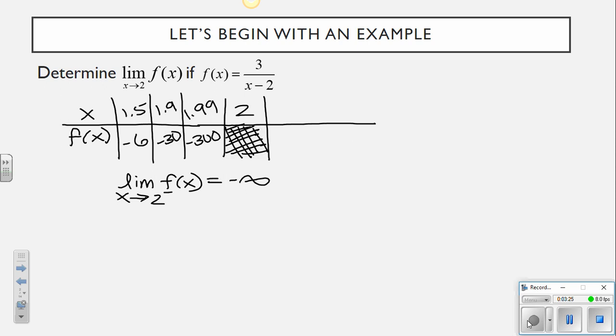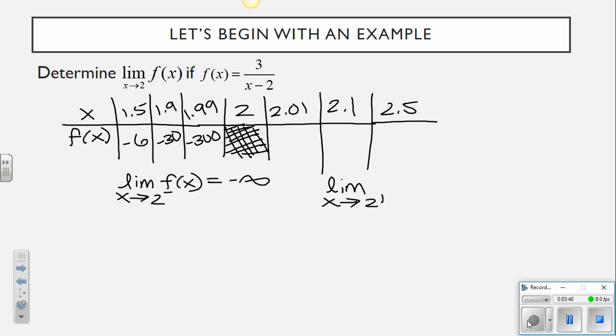All right, let's do it from the right. So from the right, maybe we can do values that are kind of mirroring, maybe like 2.01, 2.1, and 2.5, correct? What kind of values do you think you're going to get over here on the right side? What I'm saying here is, what is the limit as x approaches 2 from the right of f of x? What is that going to look like? Positive infinity.